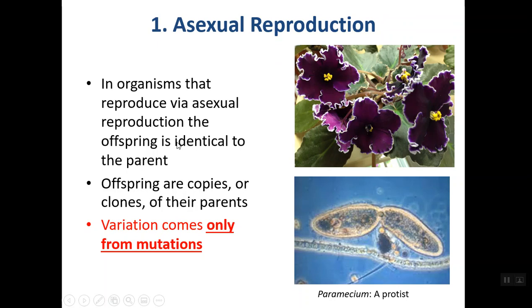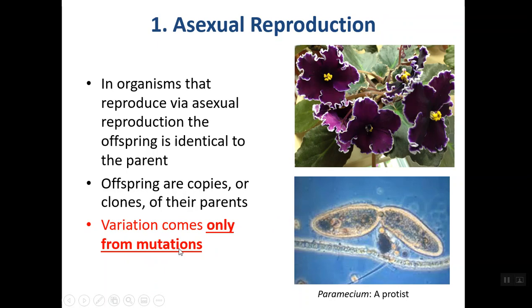As I told you, the variation in the offspring is very limited. The only chance for offspring to be a little bit different from the parent, from the daughter cells to be different from the mother cells, is the possibility of mutation.